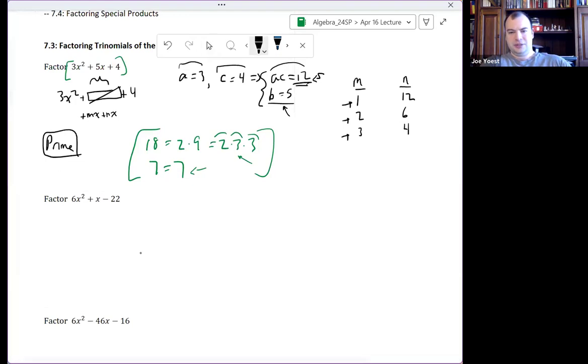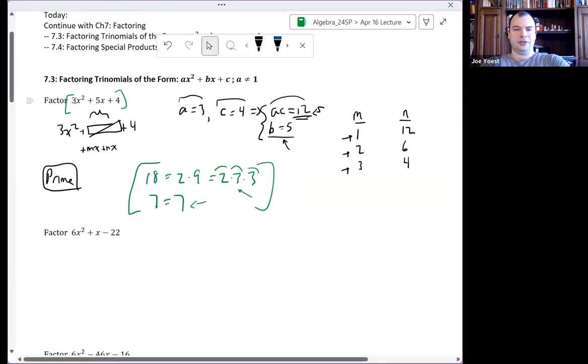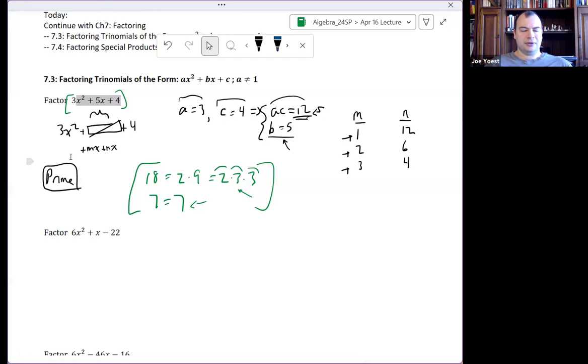Okay, let's look at this next example, 6x squared plus x minus 22. Oh, also, as a quick aside, if we tried to use the guess and check up here, it would be very muddy, very murky, right? Because I don't really have an algorithm with a set number of steps, I have just kind of like guessing what my first parentheses or second parentheses are going to look like.